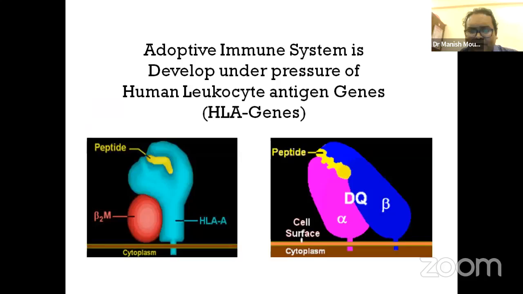As we understand, the adaptive immune system develops under the pressure of human leukocyte antigen. The human body and the HLA system have the capability to tolerate other organs or antigens, meaning tolerance against the antigen, as well as reactive quality.